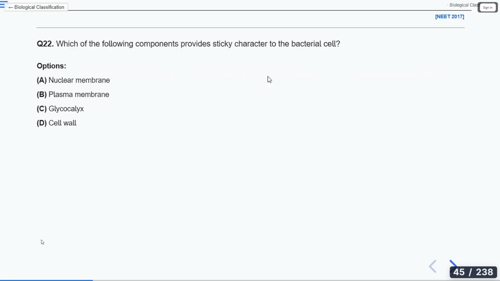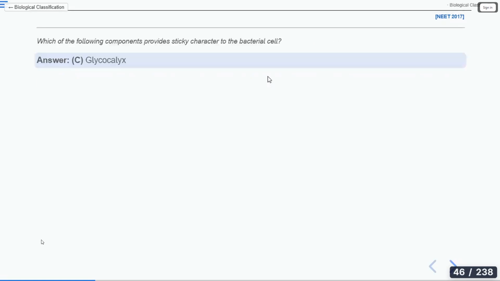The question itself says sticky character to bacterial cell. So, what is the answer? Glycocalyx. So, glycocalyx is the correct answer.